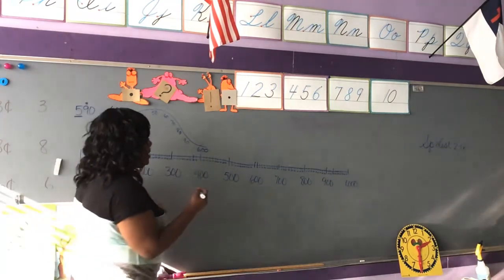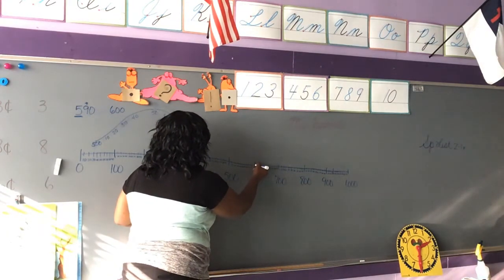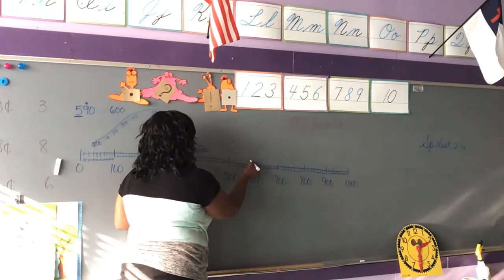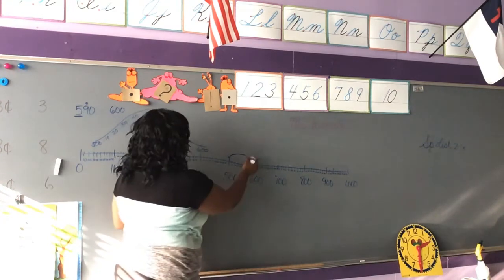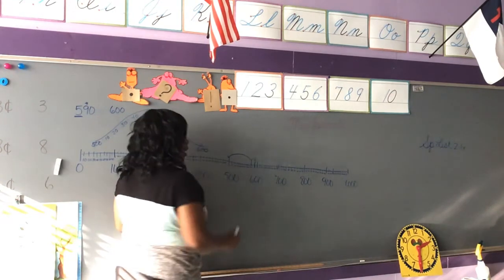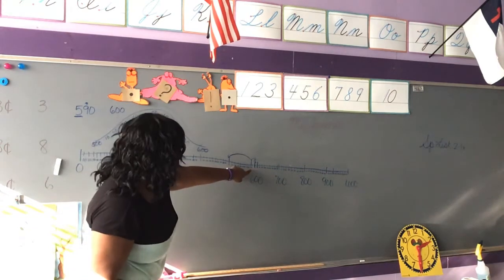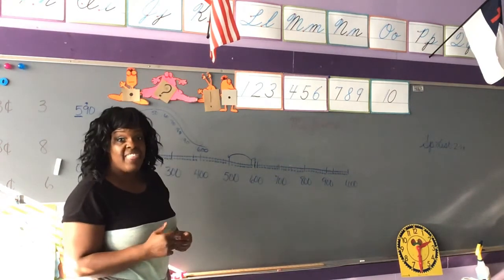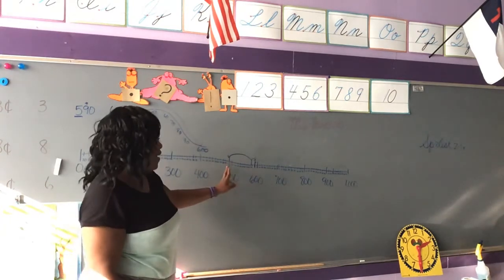Remember, we also looked today at our board and we said, okay, if we have our 600 here and we have 590, is 590 closer to 500 or 600, right? And it's way closer to 600 than 500.